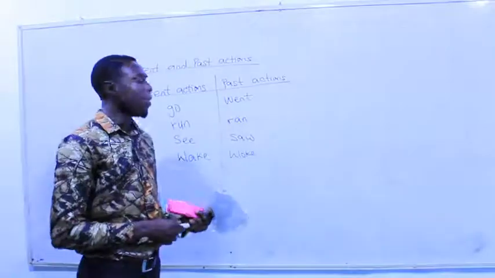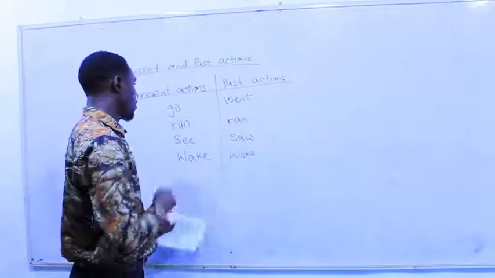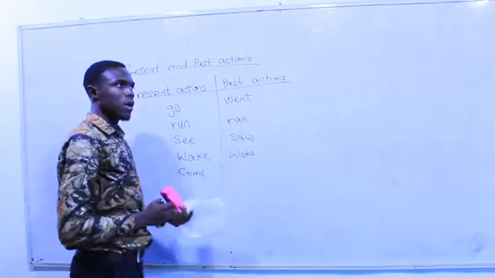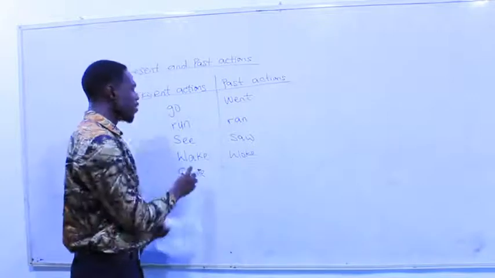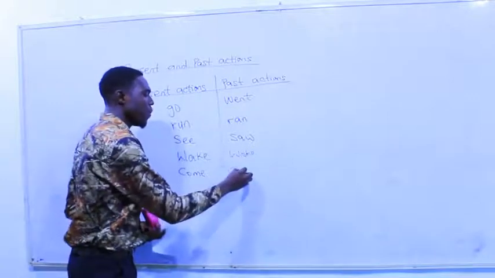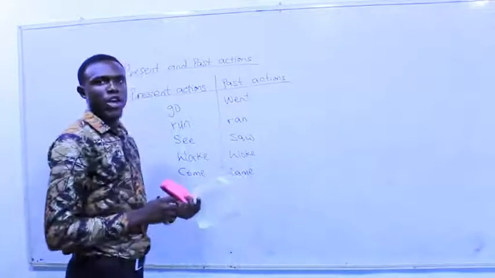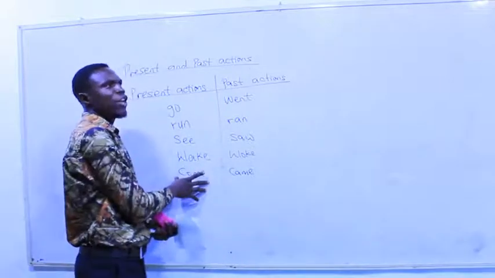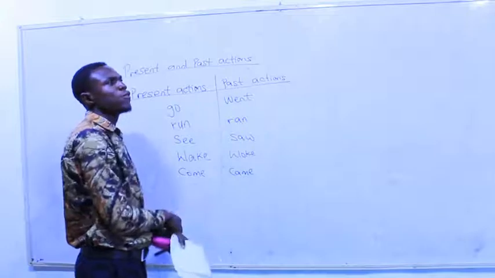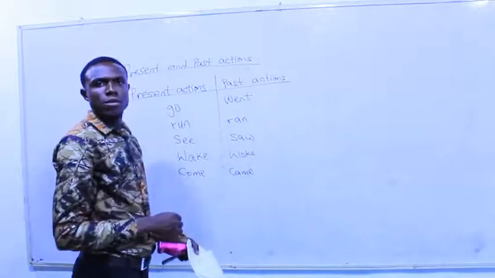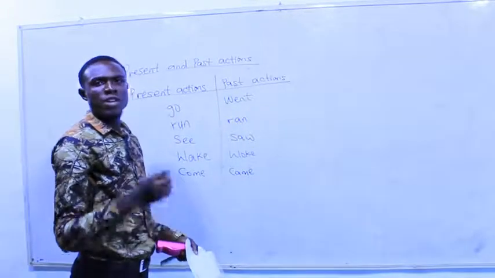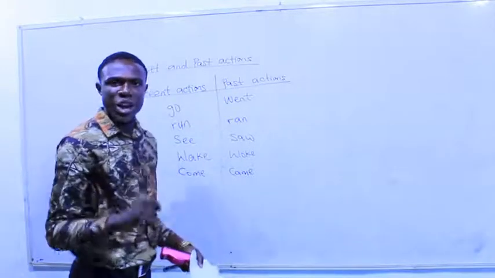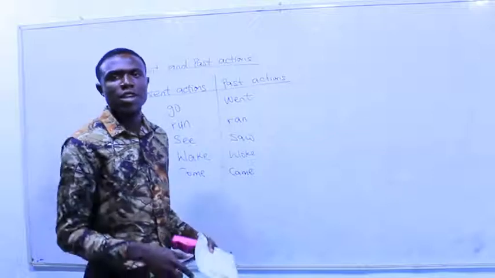We have another example here. Come. The past action of come is what? Came. So you don't say, I come to your house yesterday. No. You say, I came to your house yesterday.